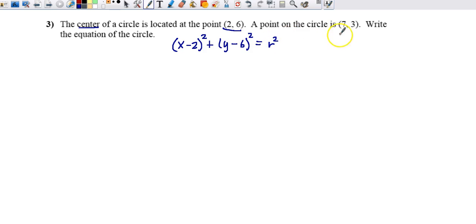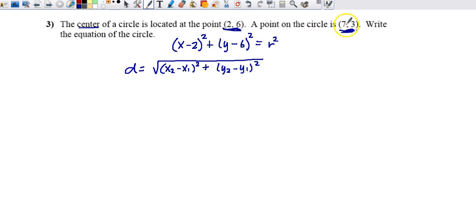So what we're going to do is take this point on the circle and the center and plug it into the distance formula to get the radius. Remember, the distance formula is the square root of x2 minus x1 squared plus y2 minus y1 squared.